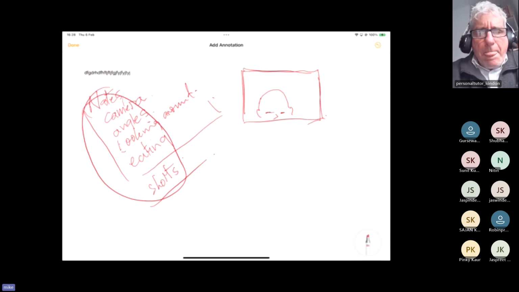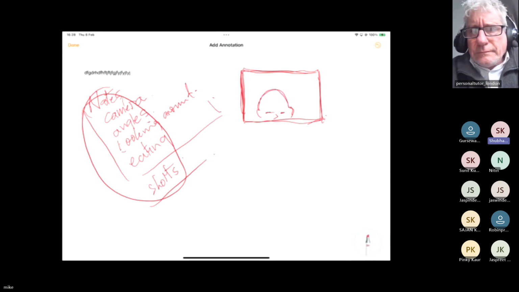Can you see those? Are those clear for everybody? Yep. So I did a sketch here to show one problem: the half face of our professor.